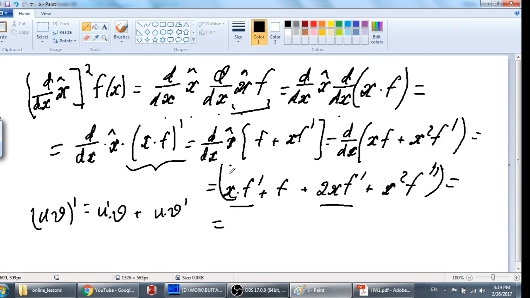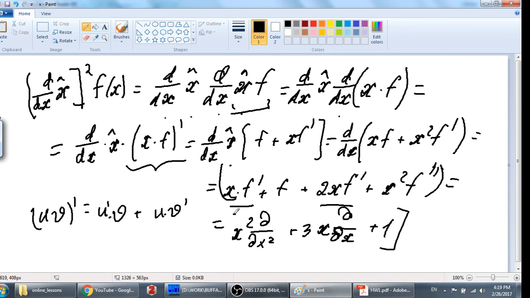So we could write it this way: x squared d over dx squared, plus, because of these terms, 3x d over dx, and then plus 1, acting on the function f. And here you can put a hat to signify that these are now operators that act on the function. Okay, so that was this example.